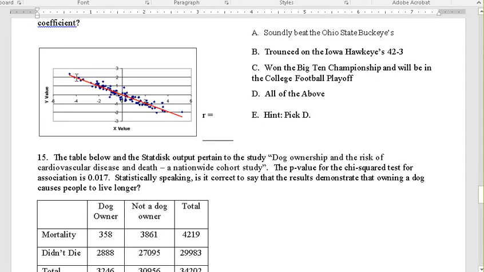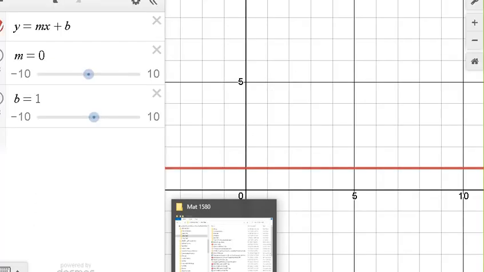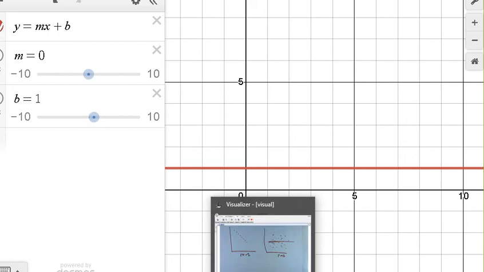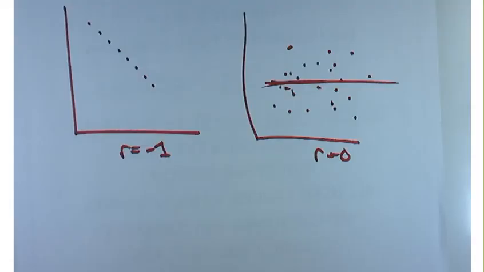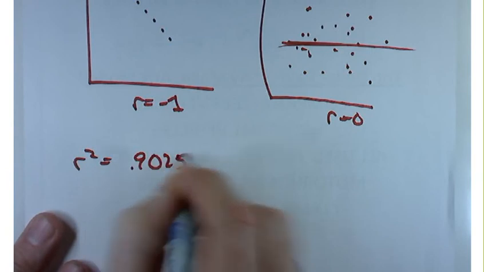What sign would you give the value of r here in this data set? It has to be negative, right? Now, what I gave you in this one was the value of r squared. So r squared in that one was 0.9025.